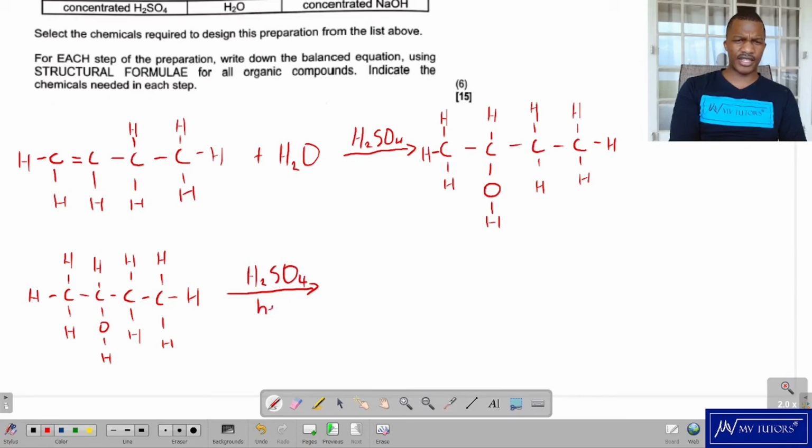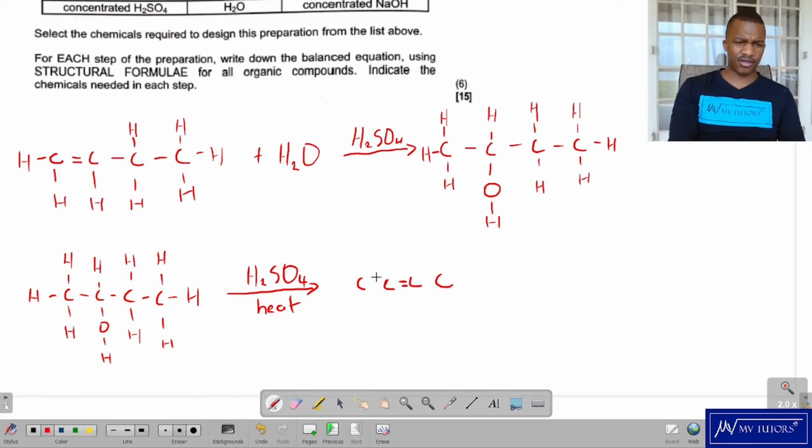now we are adding heat as well. So doing this, theoretically what's going to happen is that now we're gonna have 1, 2, 3, 4, and then the functional group or the double bond now is going to be here.